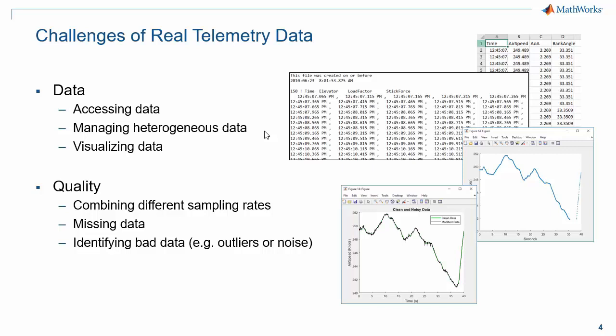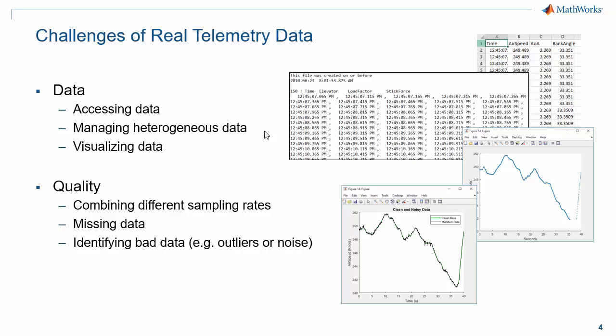We oftentimes have to go about combining data which have different sampling rates or identifying missing data points. Now, if we're dealing with real world sensor data, we can see things like sensor dropouts. Okay, so we'll work today and see how we can identify and tackle this problem.